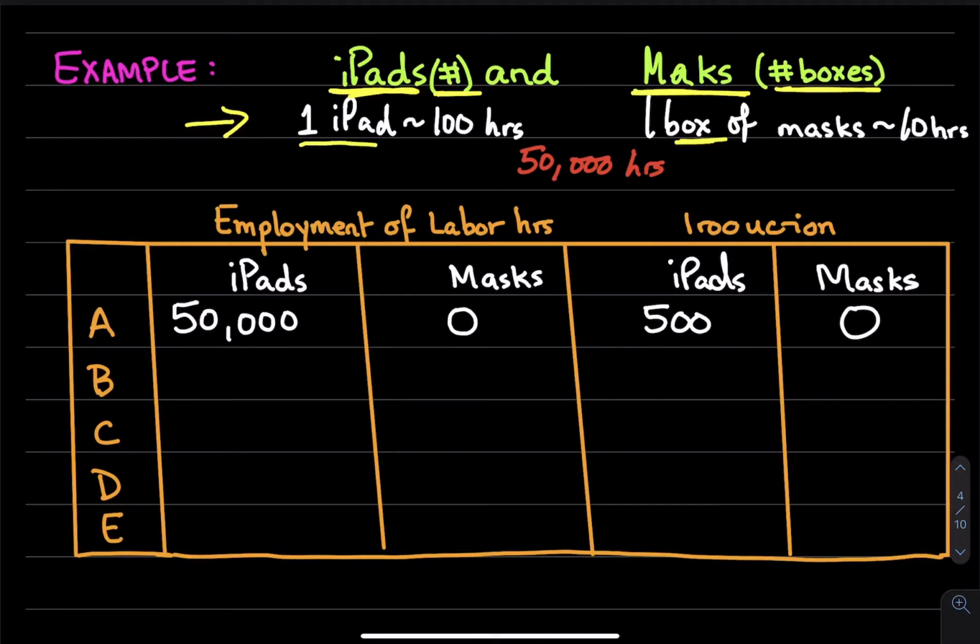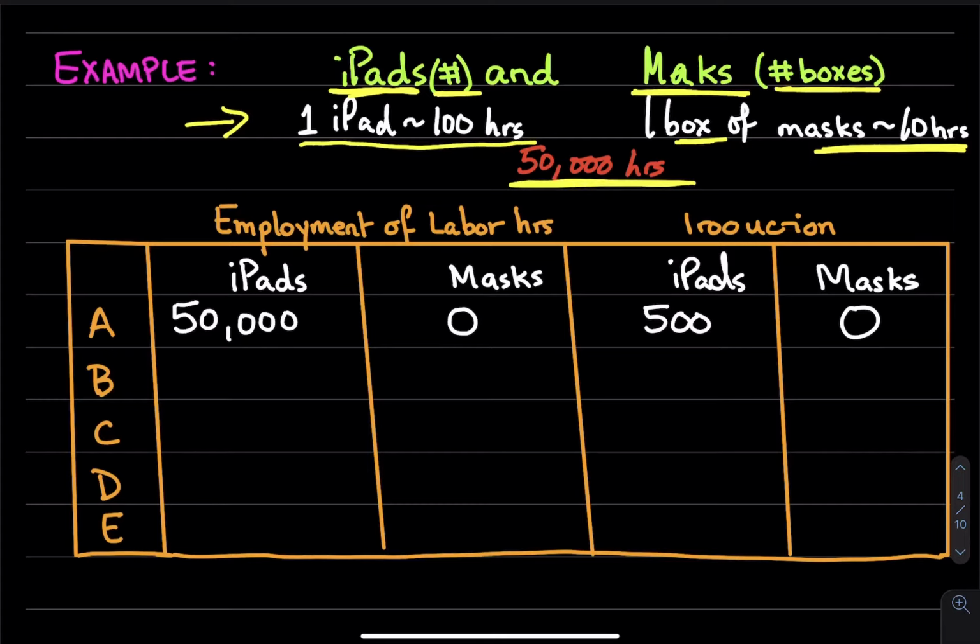So for one iPad, we are given that this requires 100 hours, and this is going to be more than the hours we require to produce one box of masks, because iPads are more complex and would require more hours. Okay, so let's roll with these numbers right now, and remember we have 50,000 hours.